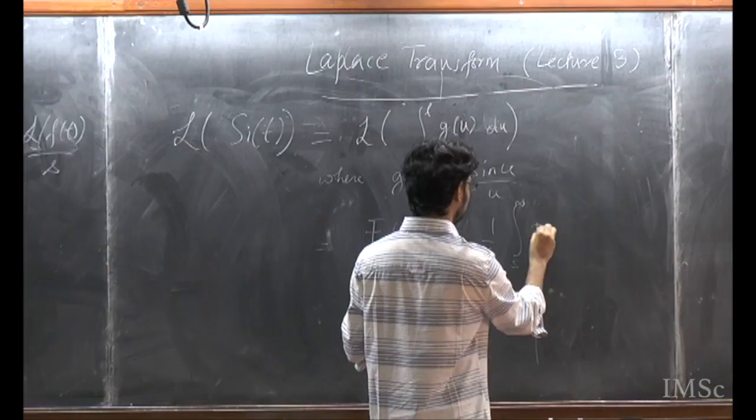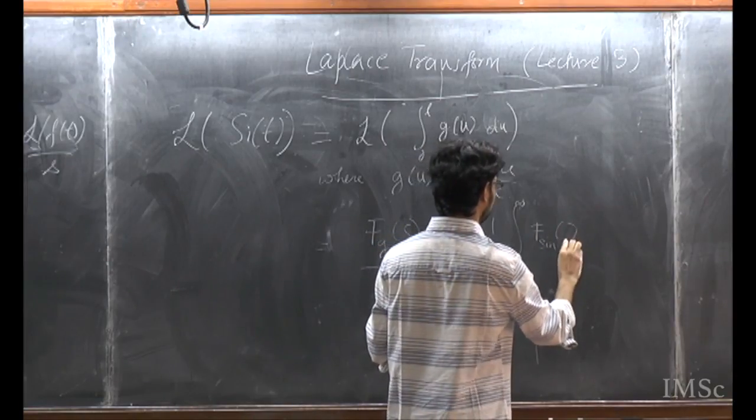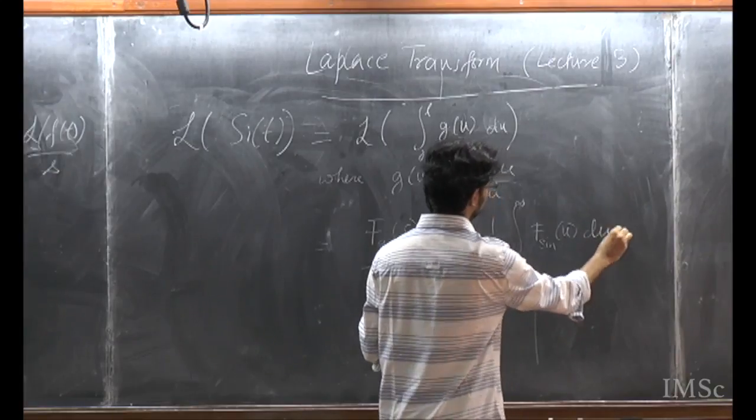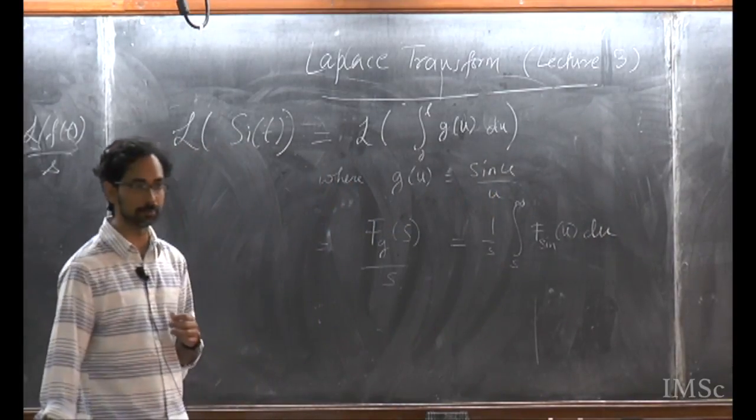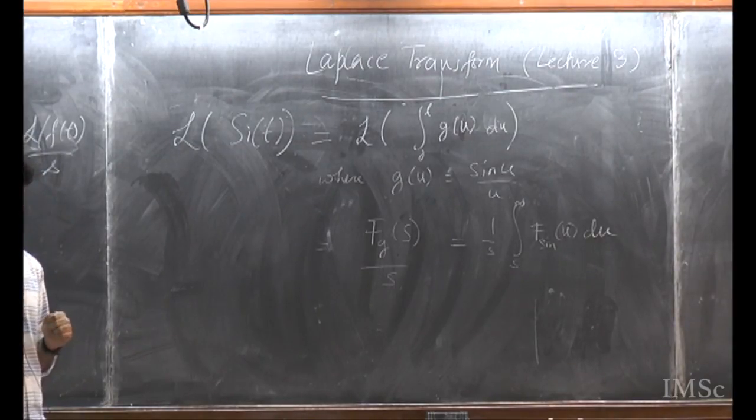This is the Laplace transform of sine, of sine of u du. Okay? Is this clear for everyone? Please raise your hands if you have any doubts or questions. It's okay?